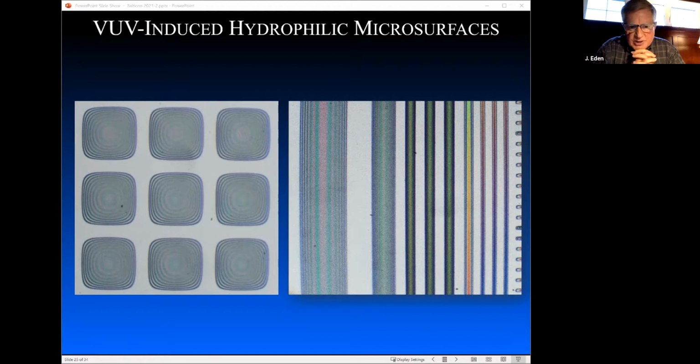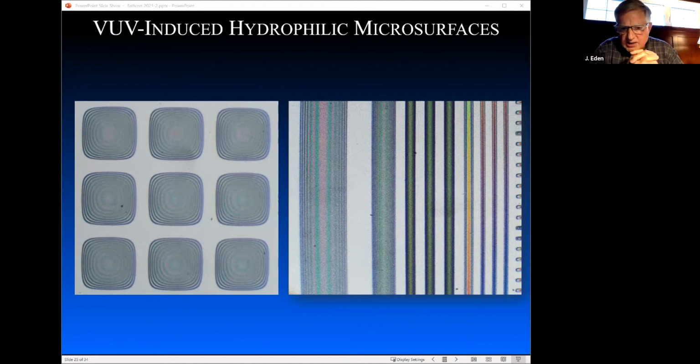So, for example, in the squares at left, if you look carefully, you'll see optical interference fringes, and that tells us that the water is just a smooth, continuous curve over the surface. And it's thickest at the center, which is what you would expect. At right, you're seeing a series of vertical lines that have been made in the surface, again, in a polymer.